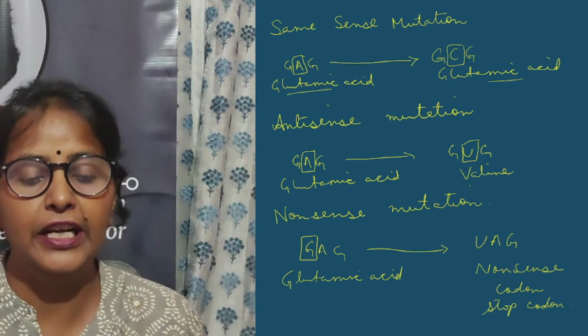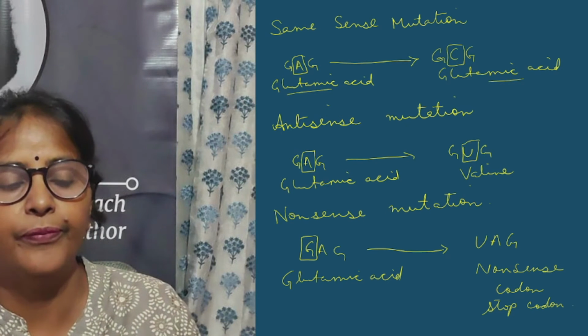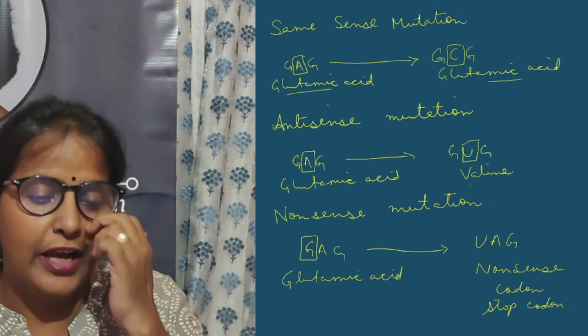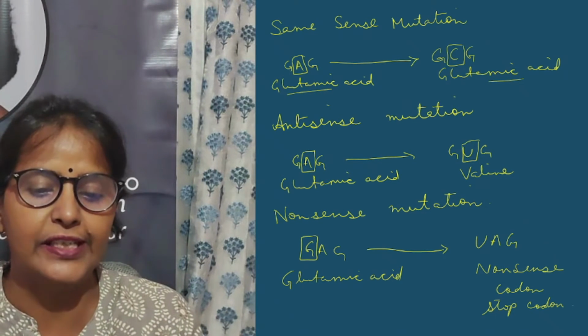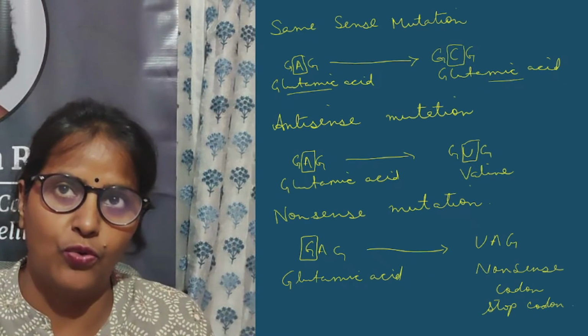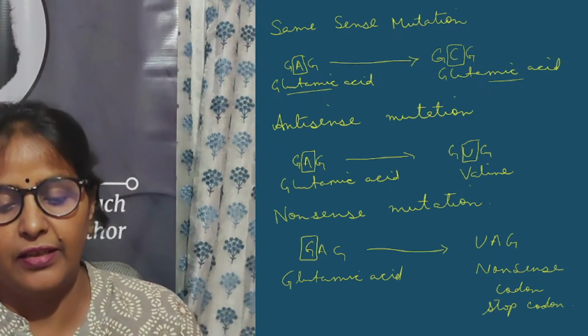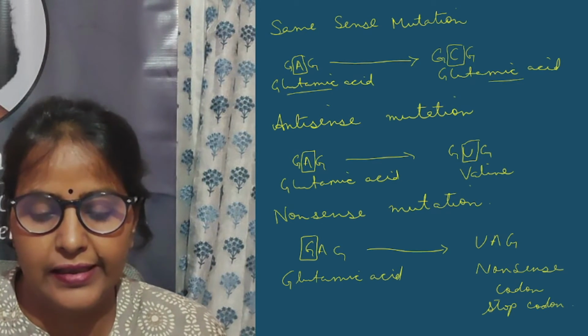So we have three different types of mutation, all are examples of point mutation. After mutation it can code for the same amino acid, or after mutation it can code for some other amino acid, or after mutation it does not code any amino acid, and that is known as nonsense mutation.